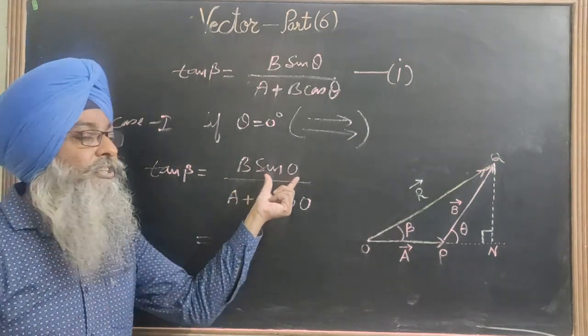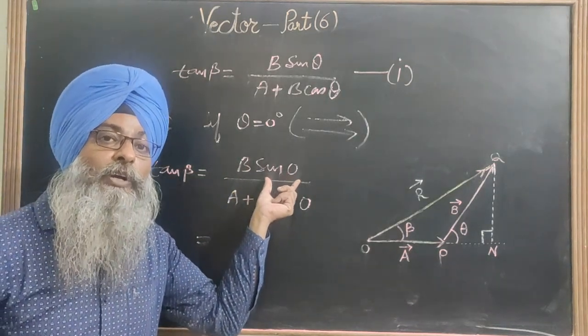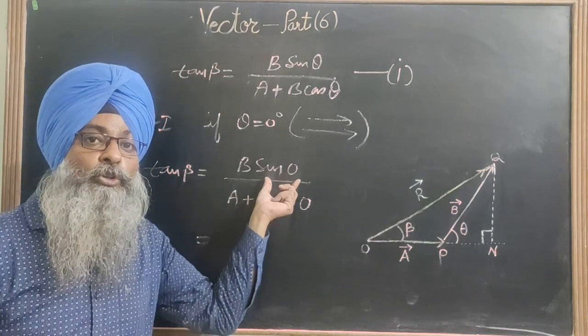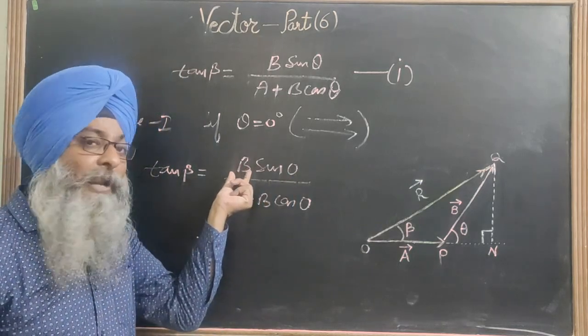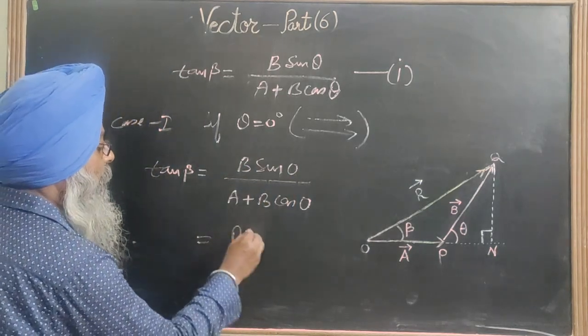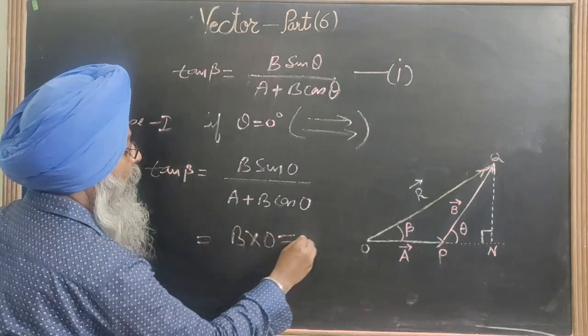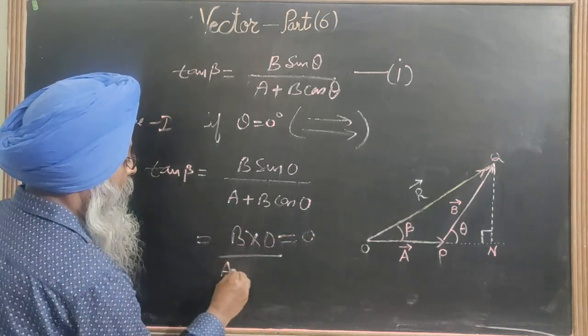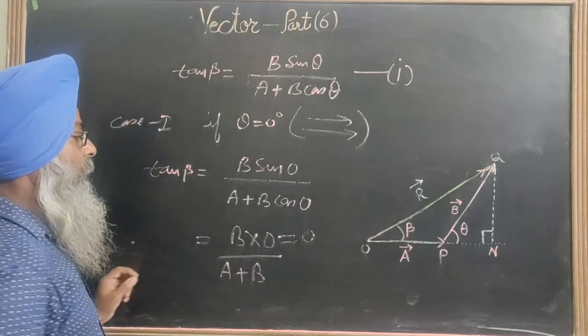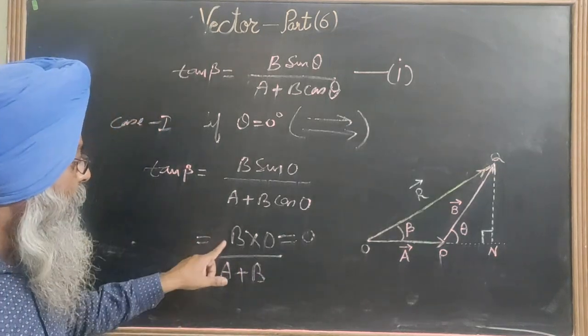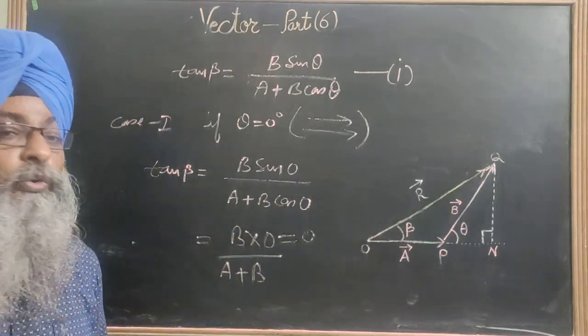Now what is sine 0? Its value is equal to 0. Sine 0 you know is 0, and 0 multiplied by B gives whole 0. Now B into 0 is equal to 0.